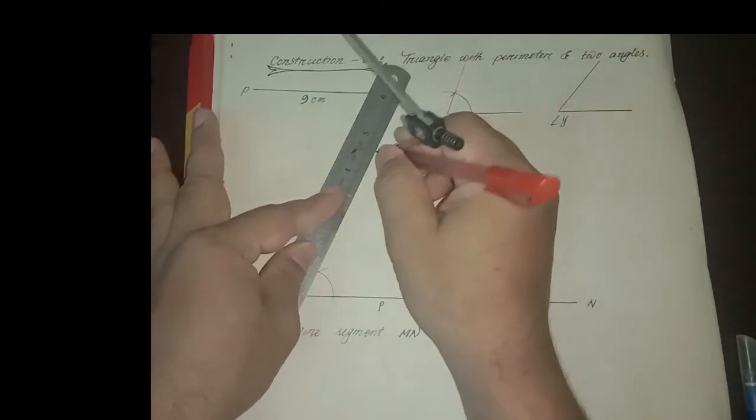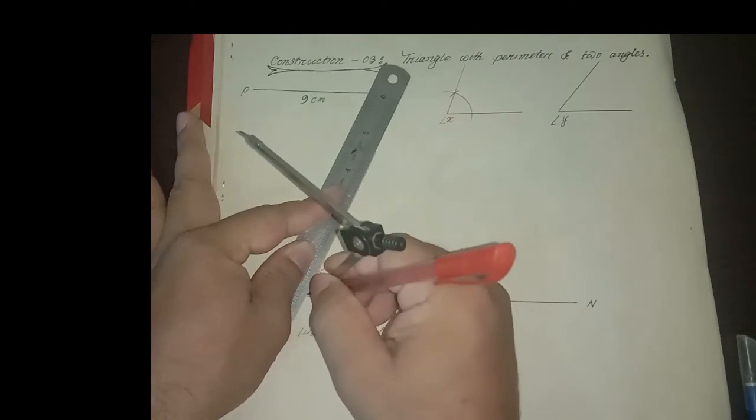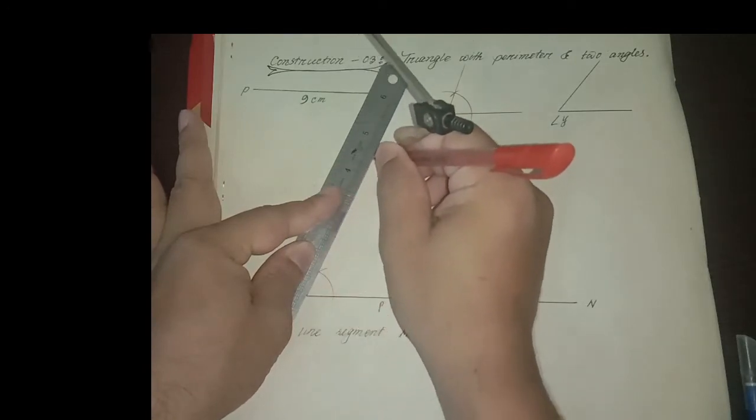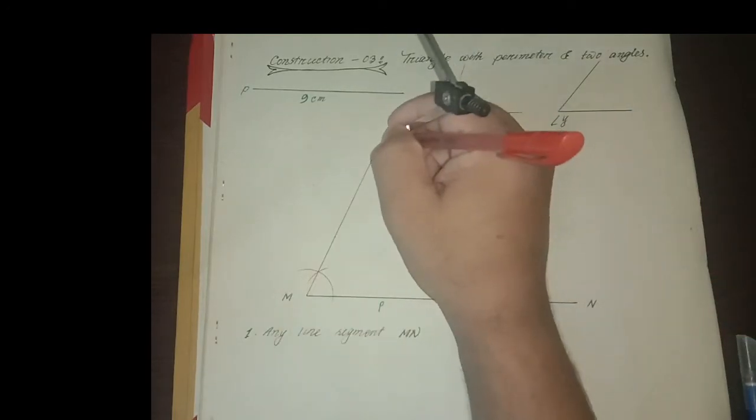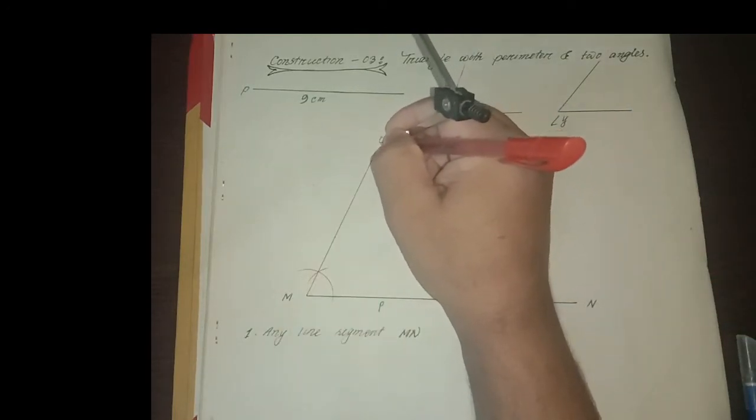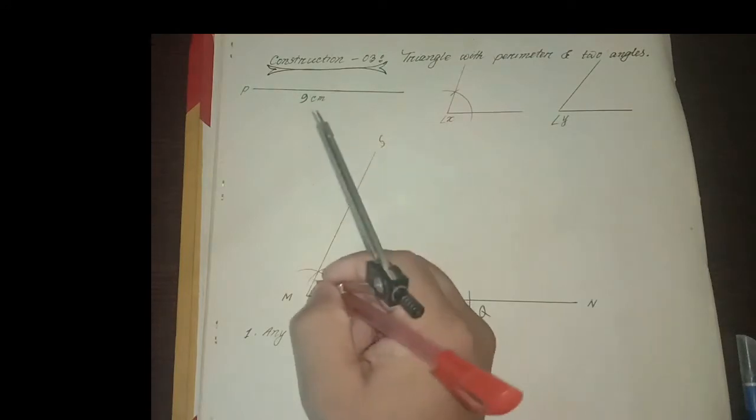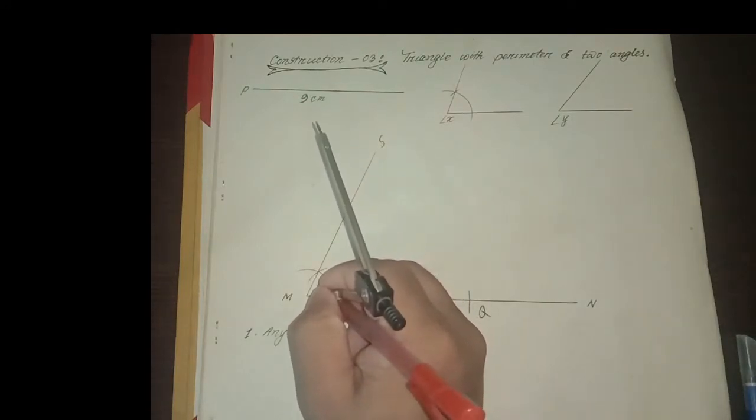If I complete the angle and name it, I'm going to name it QMS. And I construct QMS by taking equal measure of angle X.